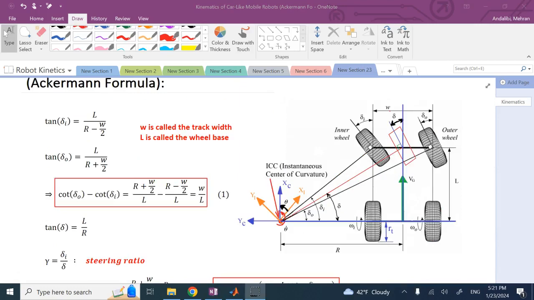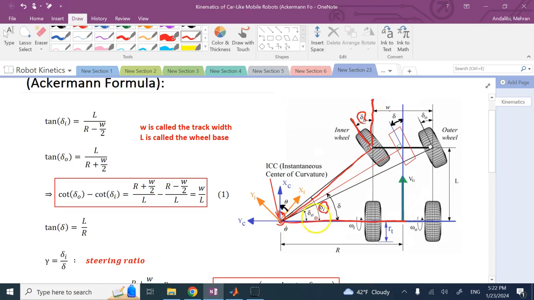Okay, so I did a little bit of cleaning here, and now it's time to derive the formulas. If you look at the angle delta I, the inner wheel steering, if we want to calculate this delta I, that's the same as this angle, which is drawn between this line, which is perpendicular to the direction of the tire, as well as this y-I axis, which is perpendicular to this xc and yc.